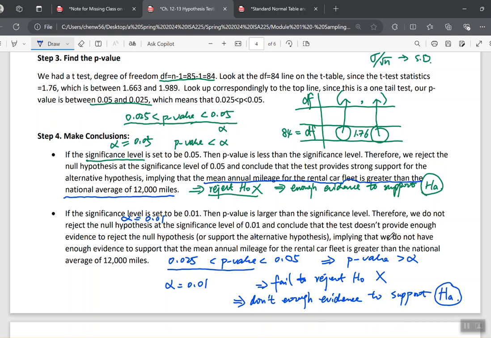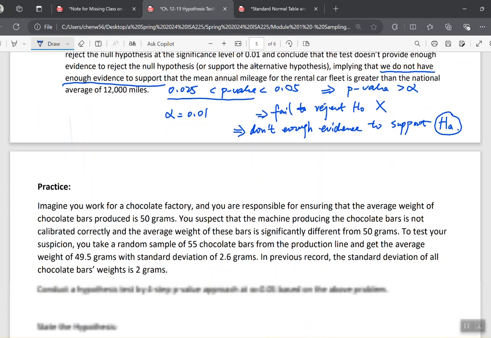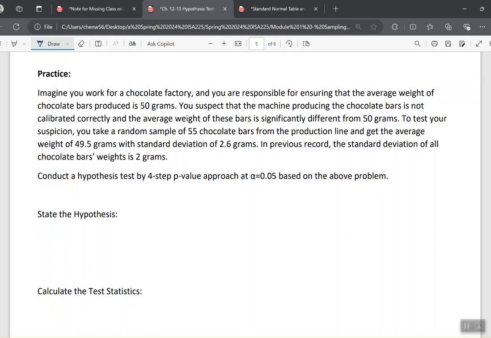So then we say we don't have enough evidence to support that the mean annual mileage for the rental car fleet is greater than the national average of 12,000 miles. All right, so that will be the whole example, and it is your time to go through this practice.